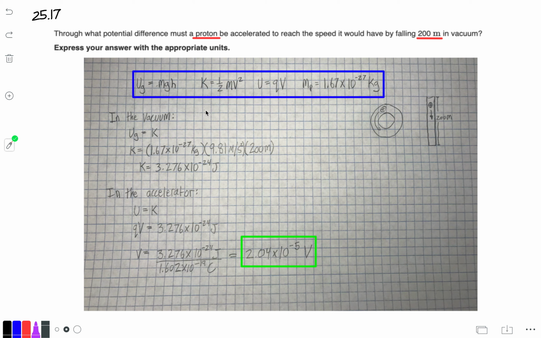So really in this problem, we're just working with energy, similar to everything that we have really talked about in this chapter. Specifically, I'm going to be using sources from, I think it's 25.4 in our e-text, which has a lot of information about electric potential.